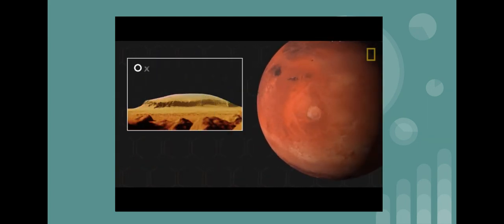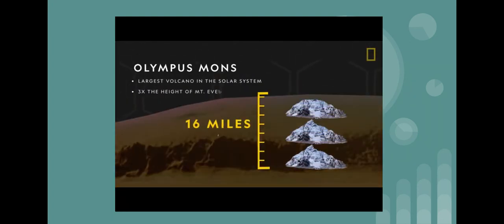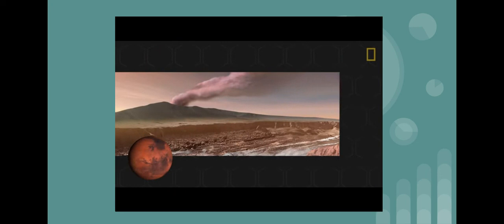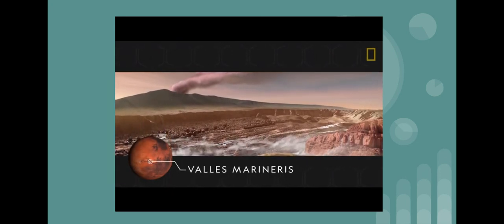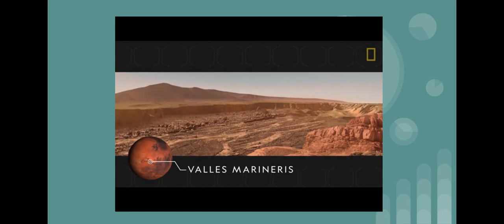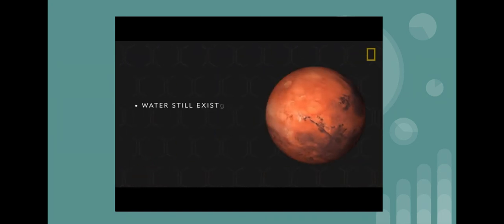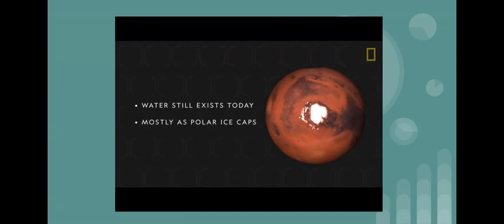Volcanoes, such as Olympus Mons, the largest volcano in the solar system at 3 times the height of Mount Everest, once erupted lava. But by about 50 million years ago, soon after Earth's dinosaurs died out, Mars's volcanoes also went extinct. Water on the red planet still exists today, but mostly in the form of polar ice caps.